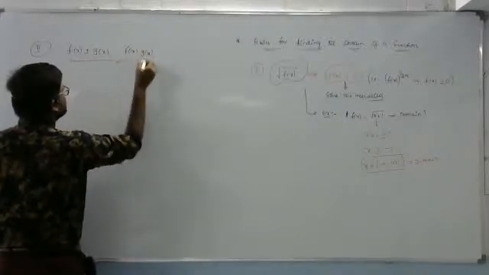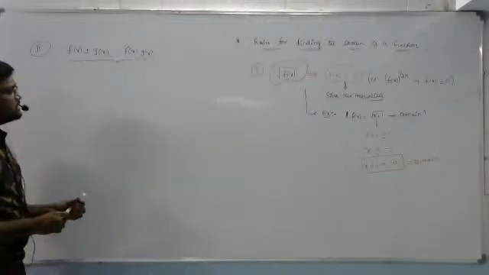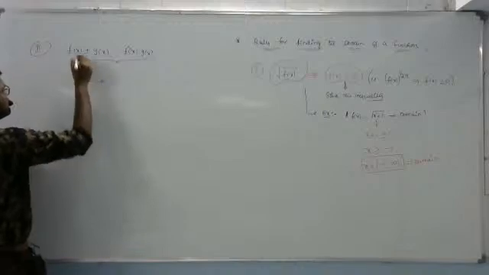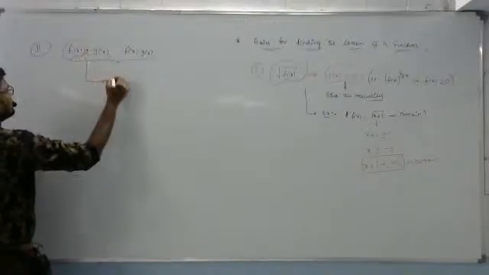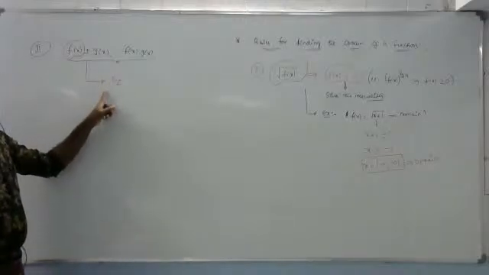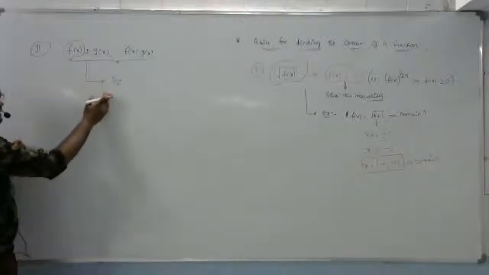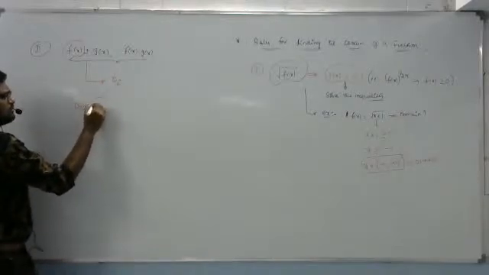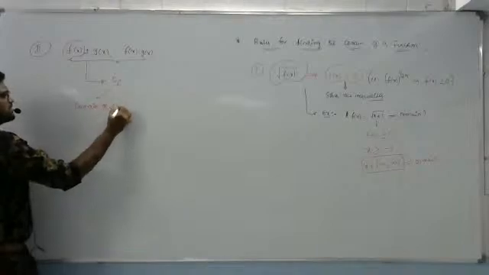In these two cases, domain will be given by, we find the domain of the individual functions. Remember, Df means domain of f. This is the symbol I use in this chapter, okay? The meaning of Df is domain of f of x.